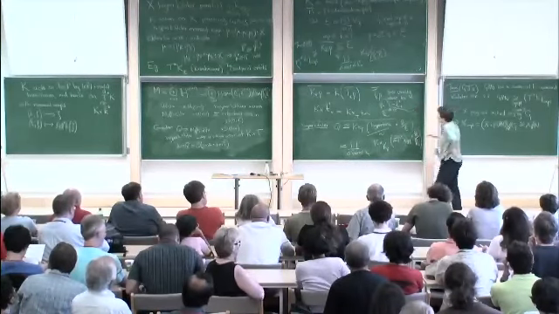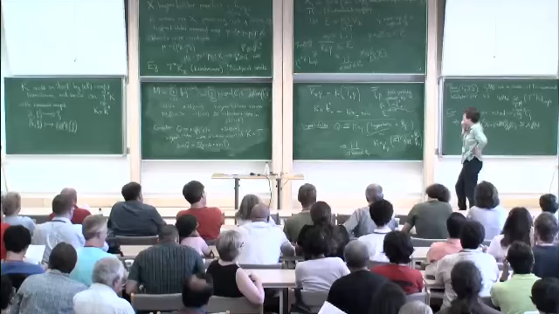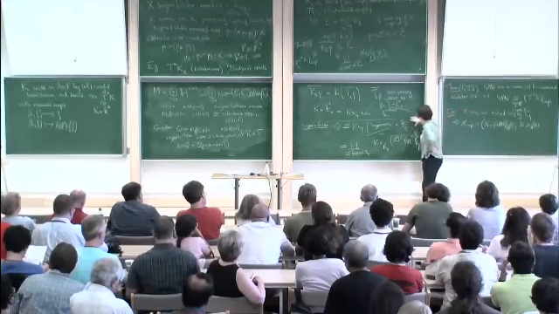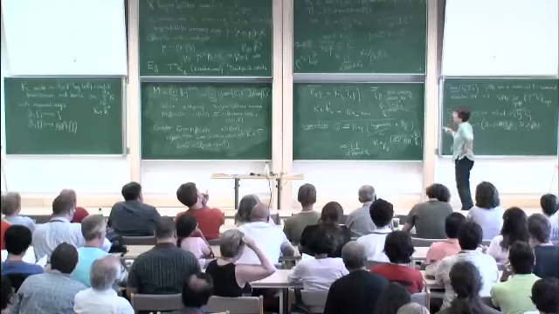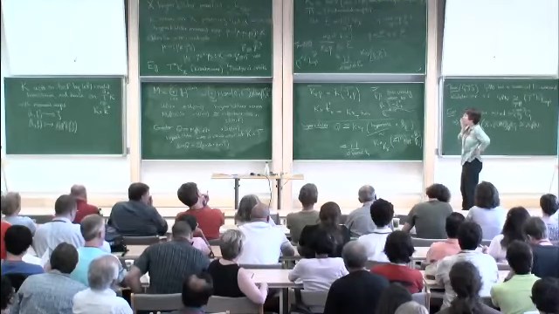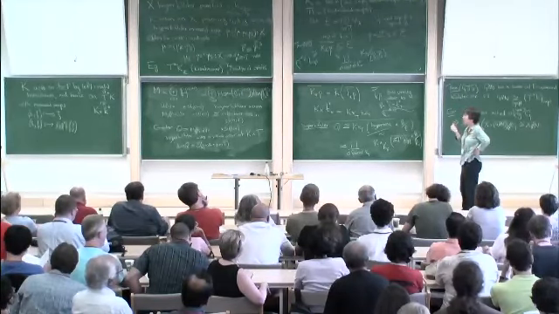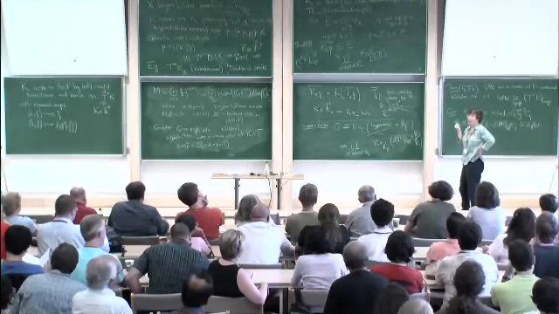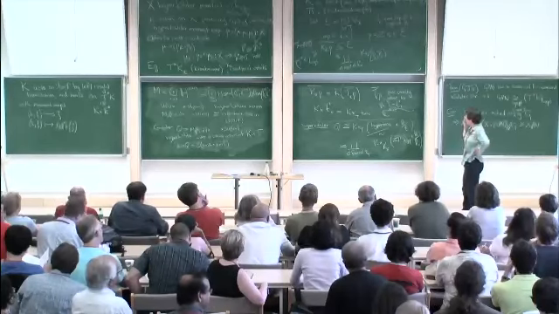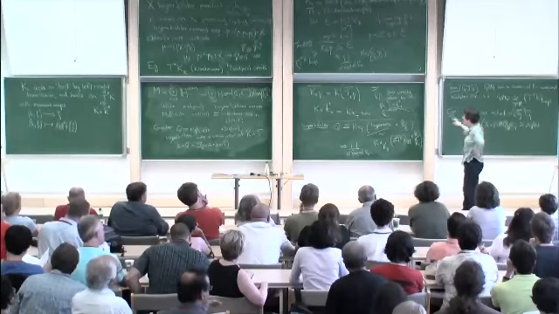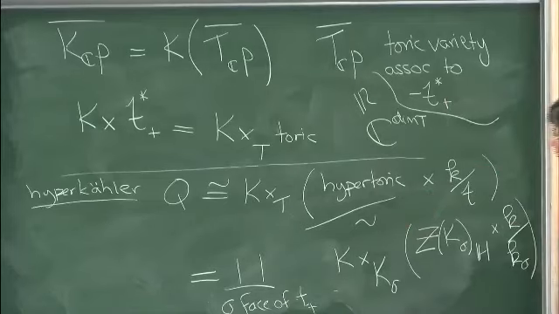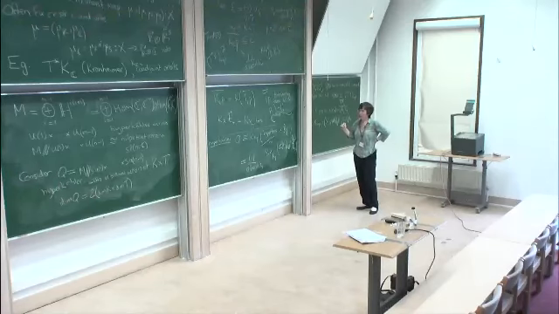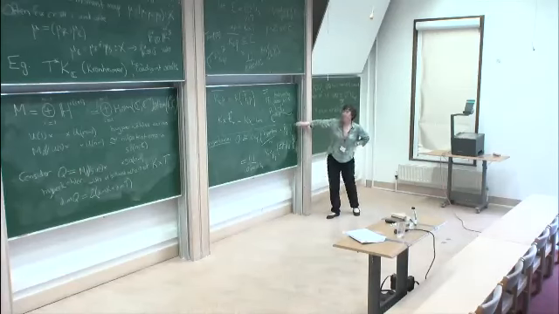hyperkahler reduction. But the point is that for the K moment map in the symplectic case, the K moment map on the universal symplectic implosion is surjective. Now, in the hyperkahler case, that's true for the toric picture and the torus picture, but it's not true for the K moment map on this universal thing.